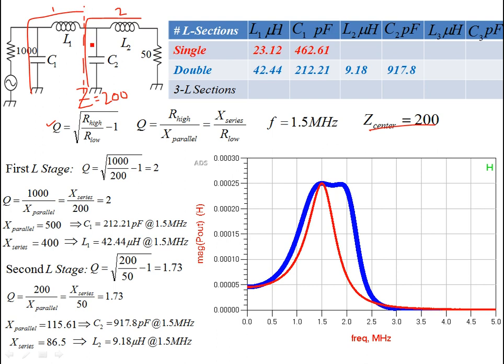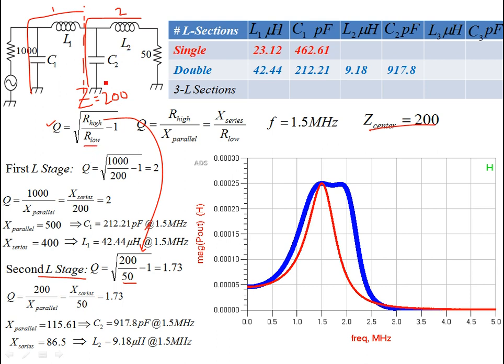On the first L section side, you have this 200 source impedance, which you use for the calculation of the second L. So 200 is the higher source resistance, and 50 is the low resistance.